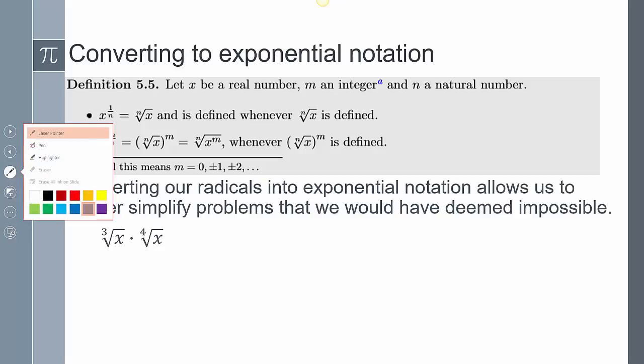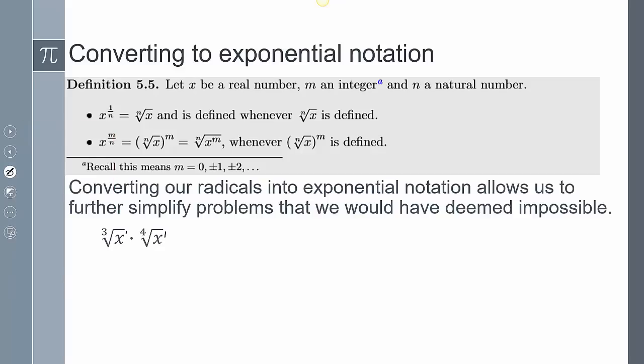So in this instance here, this is x to the first, so I can transform this into x to the 1/3 times x to the 1/4, because that's a root, it goes in the denominator. Now this is in terms of powers, I can combine those together because they have the same base.